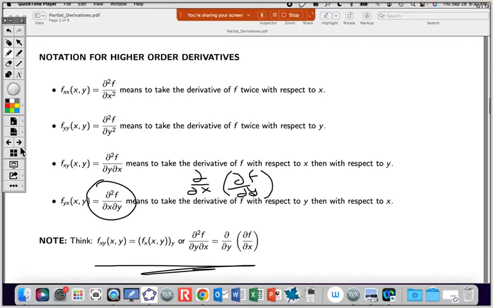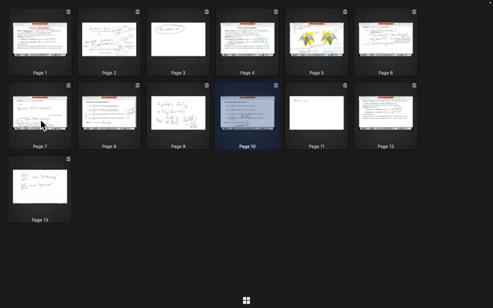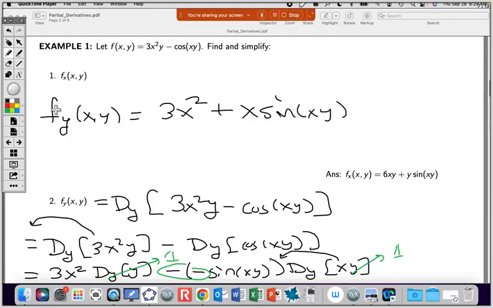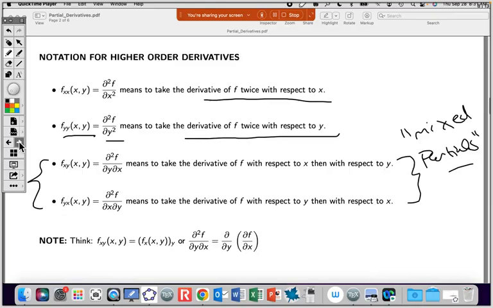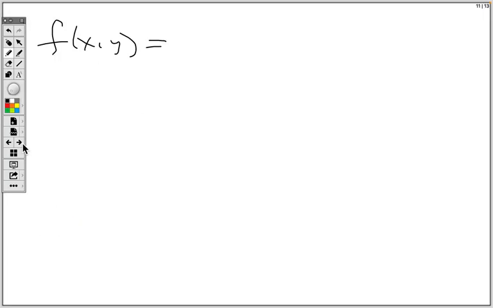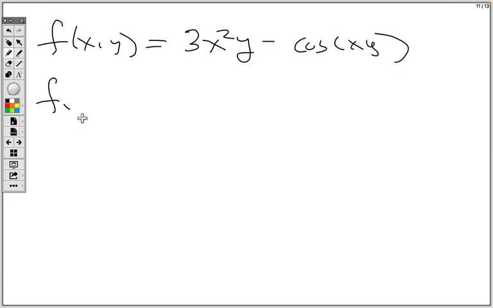So let's put our original function up here: 3x squared y minus cosine xy. And let's write down what we had for fx.